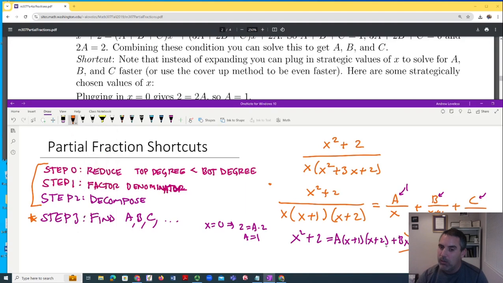It's like you're getting rid of this term right here. The other numbers are just whatever happens when you plug in 0 there and divide. So A is going to be whatever this is when you plug in 0.